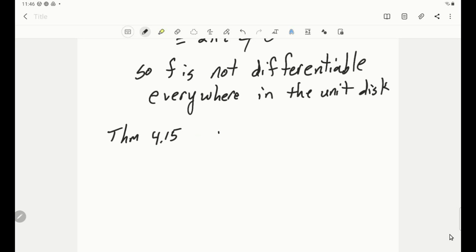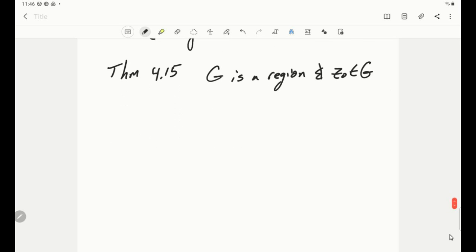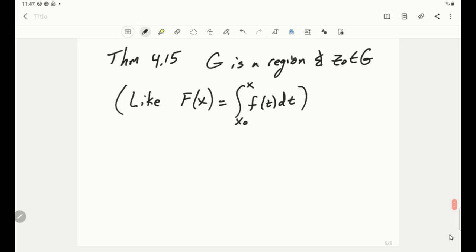Once again we've got G is a region, and we'll talk about some z0 in G. And this is like the second fundamental theorem of calculus, where, okay, so I'll put in parentheses here, defining f of x as the integral from some x0 to x of little f of t dt. This is the idea that we're getting here.